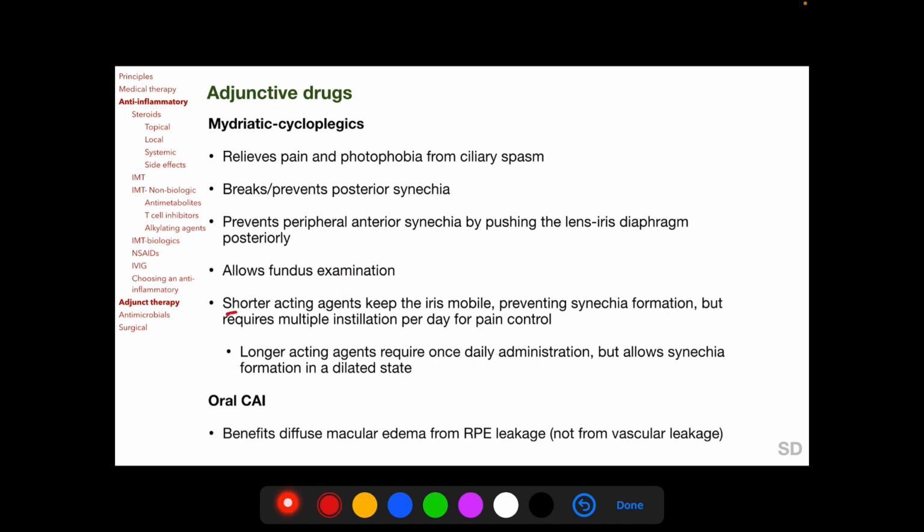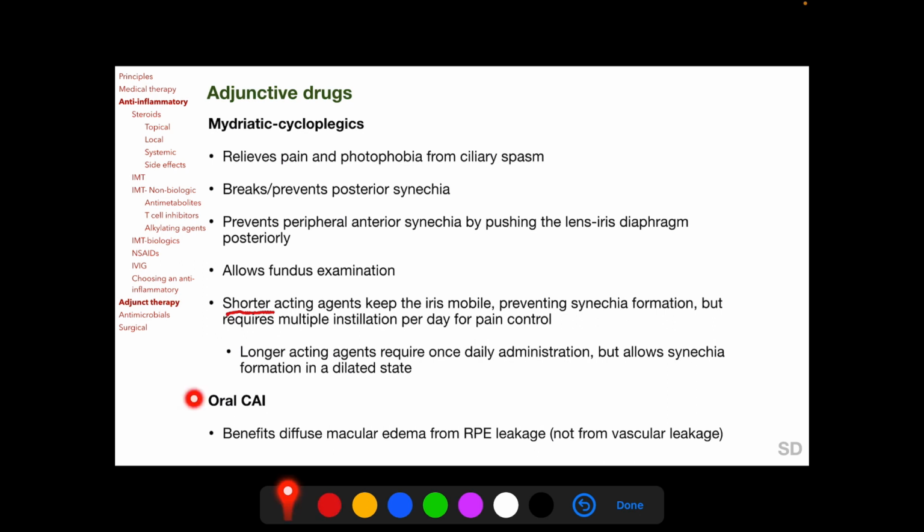What is important is shorter acting agents keep the iris mobile, thus preventing synechiae formation, but require multiple instillations per day for adequate pain control. And longer acting agents require once daily administration for adequate pain control but allow synechiae formation in a dilated state of the pupil.